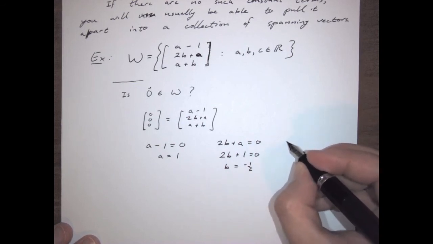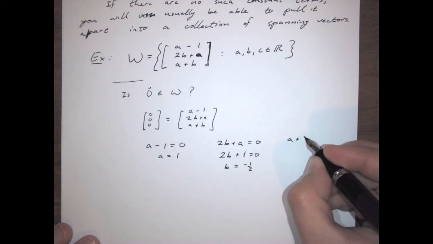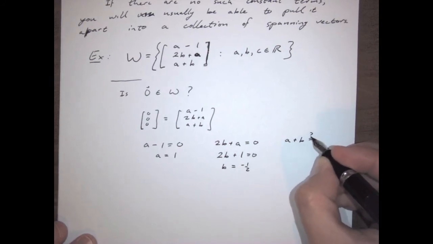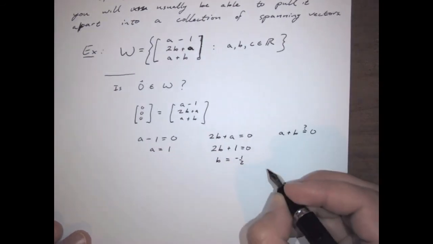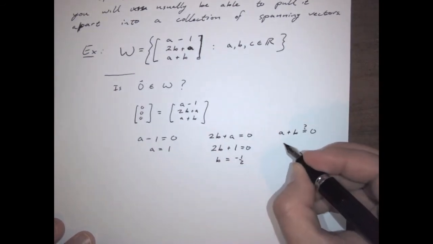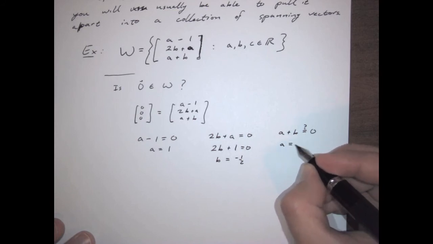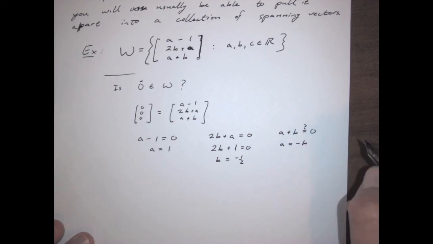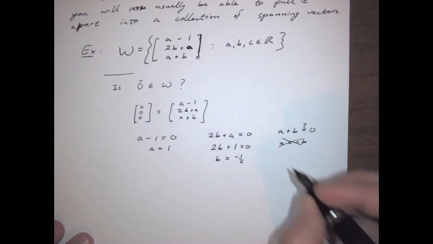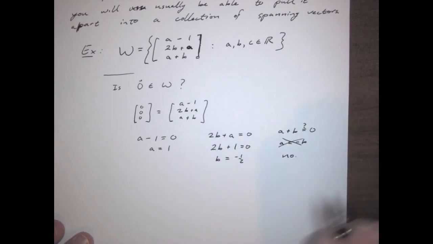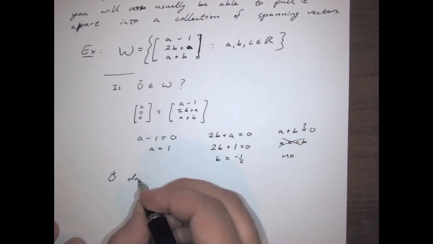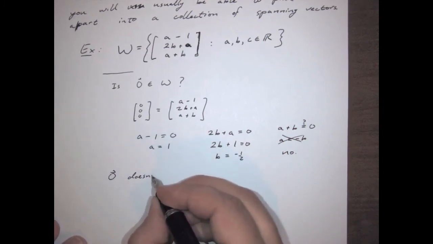But then, is it possible for A plus B to equal 0? Well, that would mean that A equals negative B, but that's not the case. No. So 0 doesn't match the format.